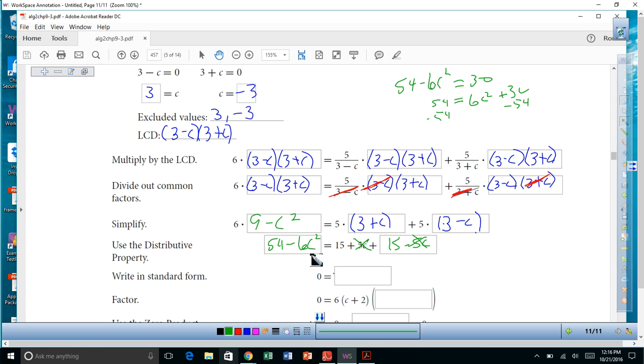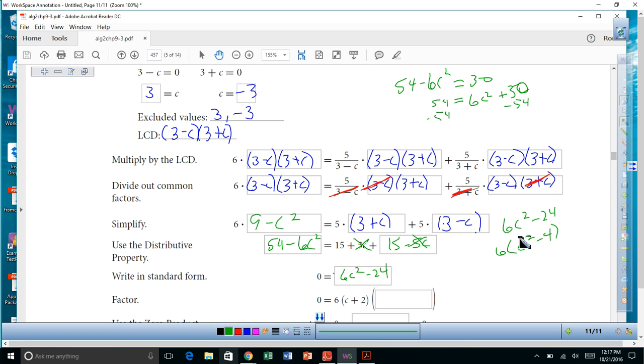And you end up with 0 equals 6c squared minus 24. And if you look, you can take 6 out of both sides. So you got 6 times c squared minus 4.